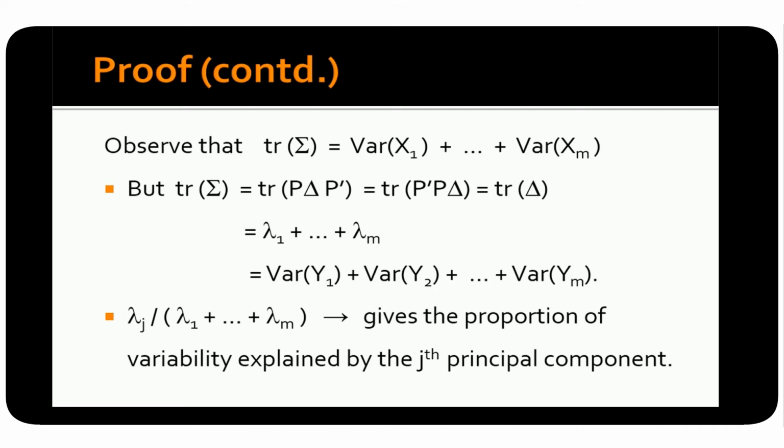Now, how is this result important? If you look at lambda j divided by lambda 1 plus lambda 2 plus up to lambda m, then this gives you the proportion of total population variance due to the jth principal component. You have lambda j on top, which is the variance of yj, and you have the total variability at the bottom. You can write it in terms of lambda, and you can also write it in terms of the x's, because they would be equal.